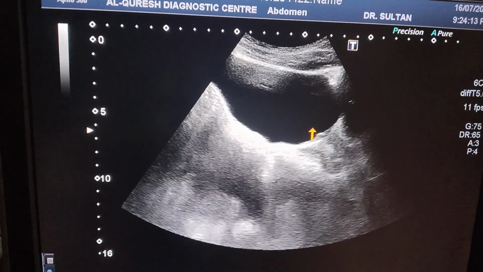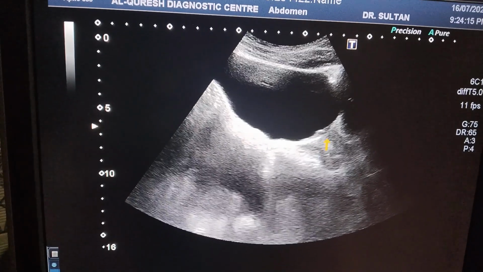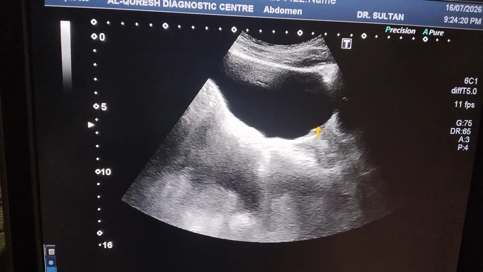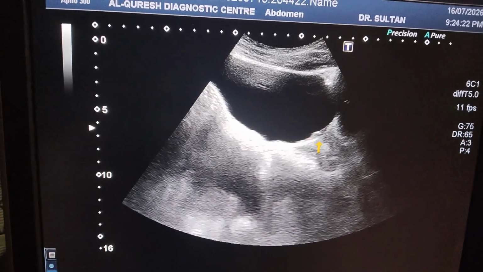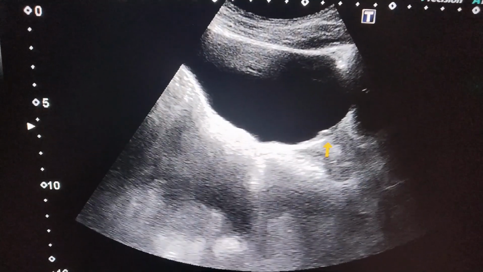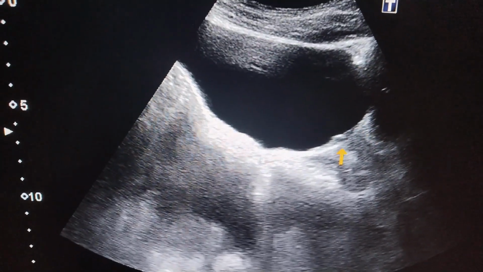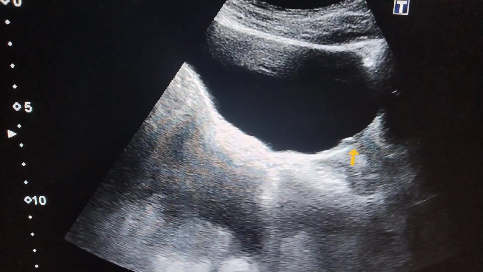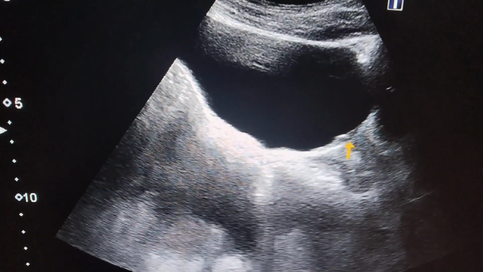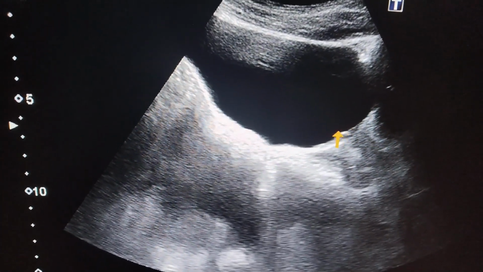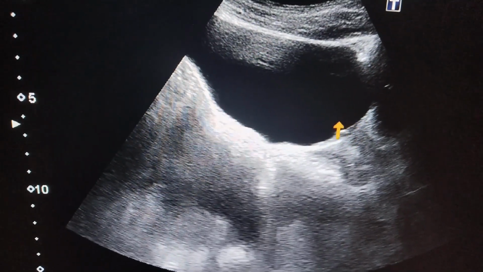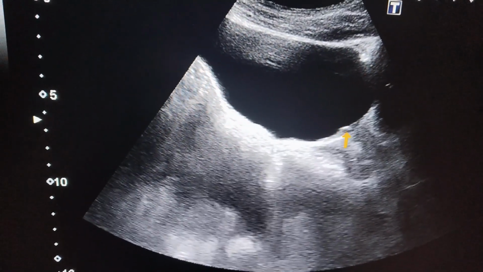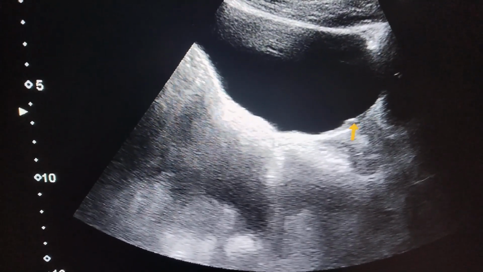When we appreciate the prostate, this area is the proximal urethra, communicating with the neck of the urinary bladder. So in this way we can recognize the neck of the urinary bladder.